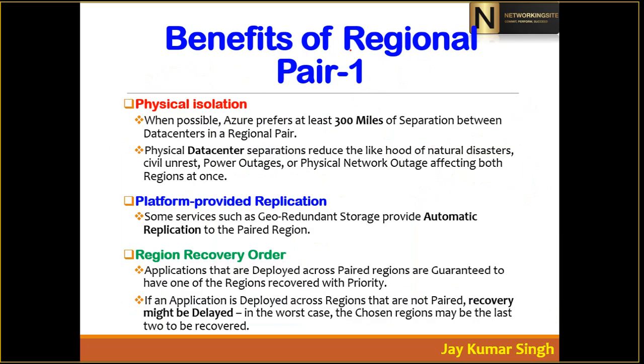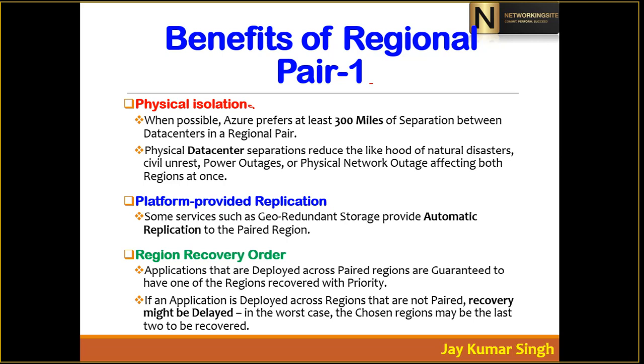Now, what is the benefit of regional pair? Whenever we are talking about the benefits of regional pair, first, the regional pair gives physical isolation. Physical isolation means the data centers are not in a single place.